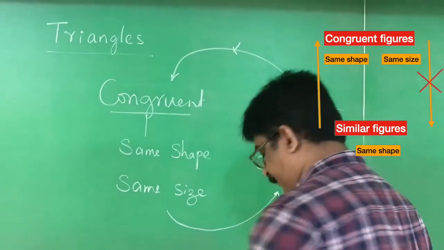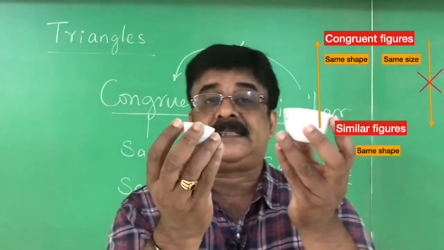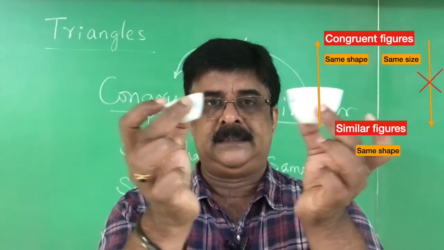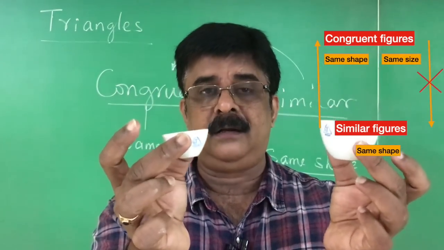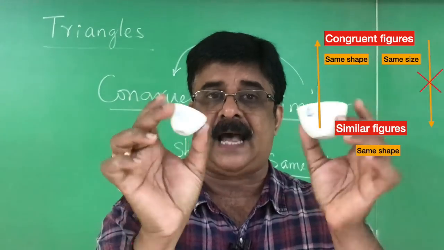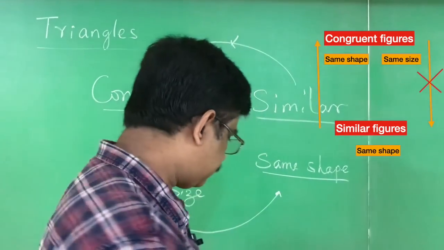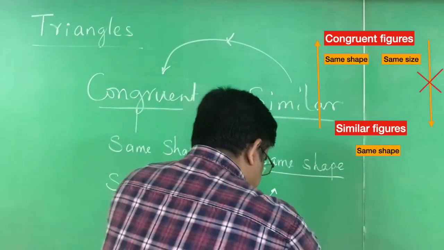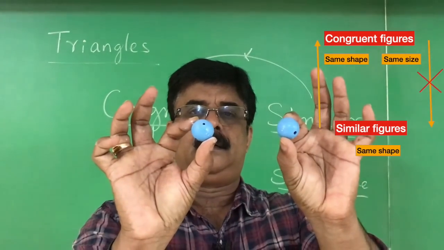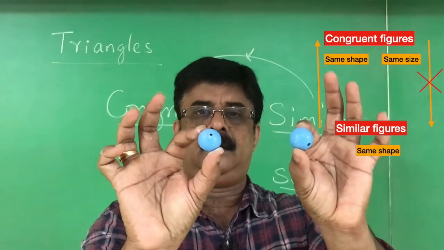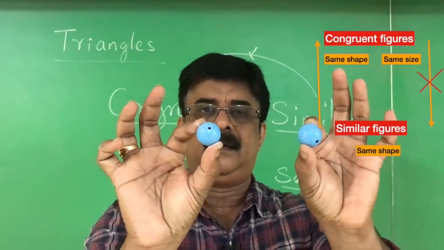Now, see these two. Shapes are same, they are similar. But they are not congruent because the sizes are different. Same way, see these two balls. They are congruent, therefore they are similar, right?